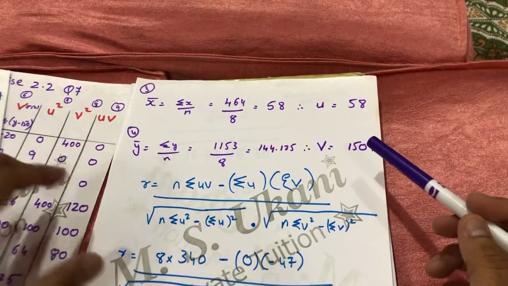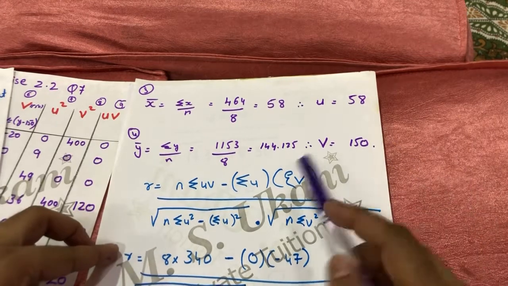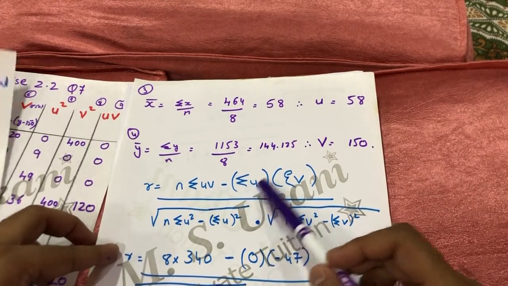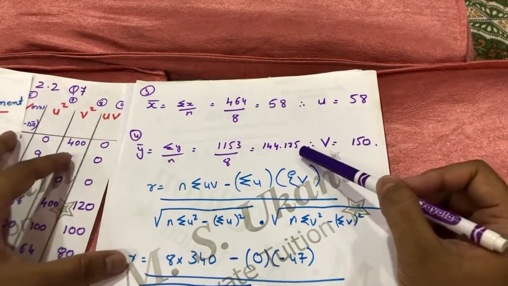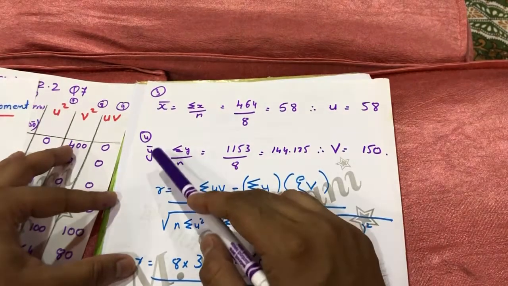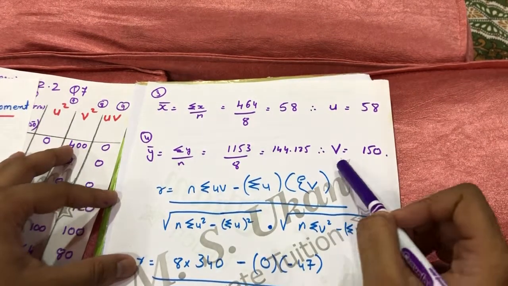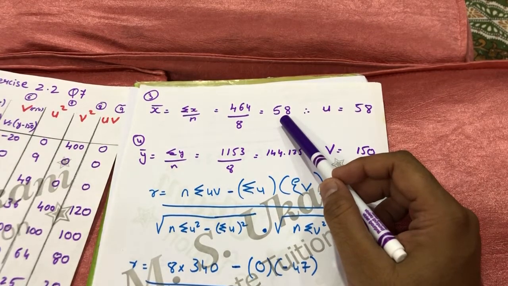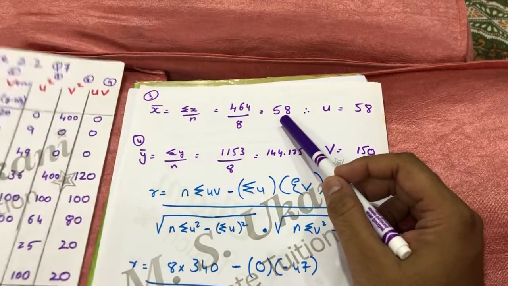Now as you see, in the formula U and V are there, so first of all we have to assume U and V from X bar and Y bar. From X bar we will get U and from Y bar we will get V. Here our X bar is 58, so we have to round off.